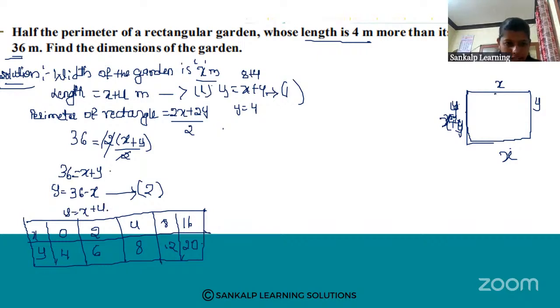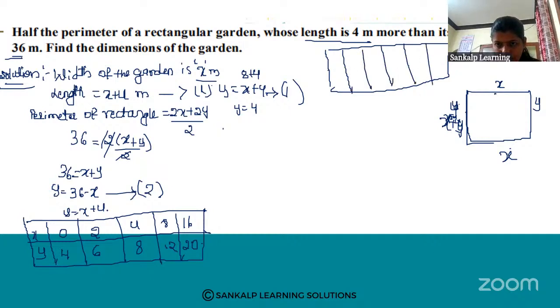Now, by using equation 2, here also we will make one table for equation number 2. Let's make a table for this too. X, Y. Equation number 2 is y is equal to 36 minus x. If I put x is equal to 0, what will I get? 36 minus 0 is 36 only. So when x is 0, we get 36. Since 36 is a big value, I need to substitute big numbers for x. If we go x is equal to 1, 2, it becomes a big table.